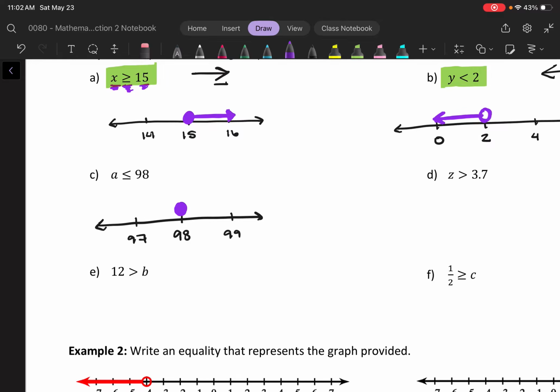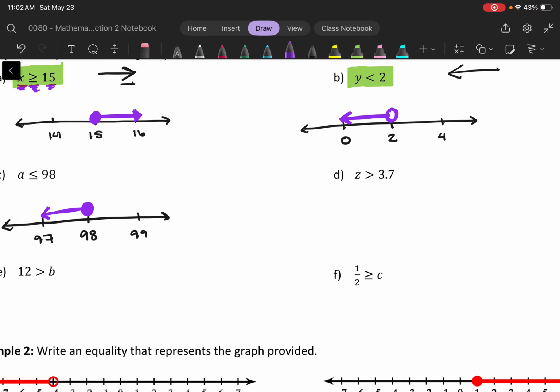I just find if you're drawing with a pencil on something that's already black, it's really, really hard to see. So I tend to do it a little bit above so it's obvious what your answer is when you're writing in pencil on an assessment. Okay, a number that is less than or equal to 98 is 97, but again, the arrow, since this is in standard form, will match the direction of my inequality.